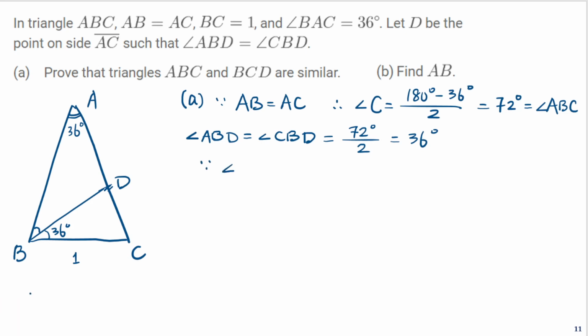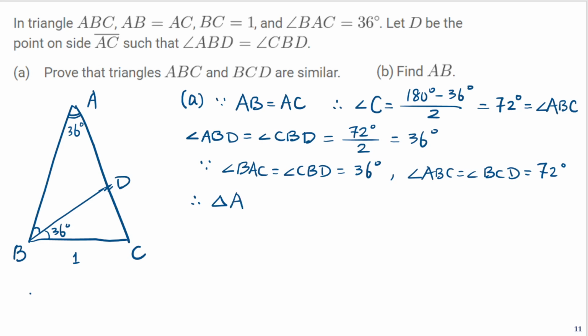And because angle BAC equals angle CBD, which equals 36 degrees, and angle ABC equals angle BCD equals 72 degrees, we have triangle ABC is similar to triangle BCD according to AA. Okay, do not forget to write the theorem you're using here. So that completes the first question.